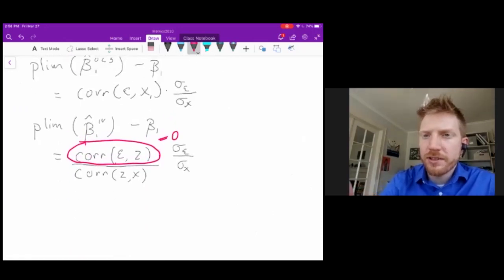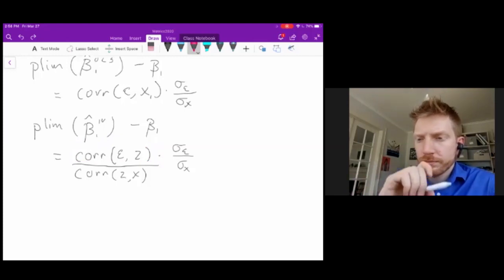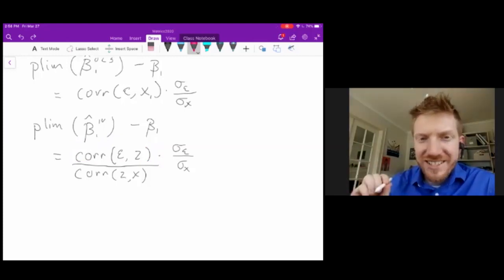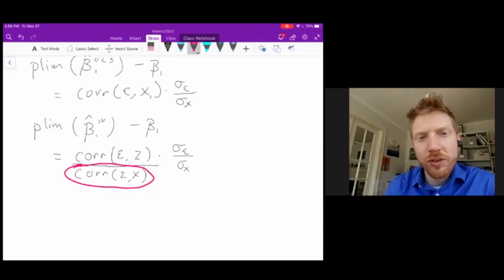So that would be 0. Secondly, the other thing to notice is that what we have is the correlation between z and x. If this is 1, then these look exactly the same. If z is actually x, then these equations are exactly the same.